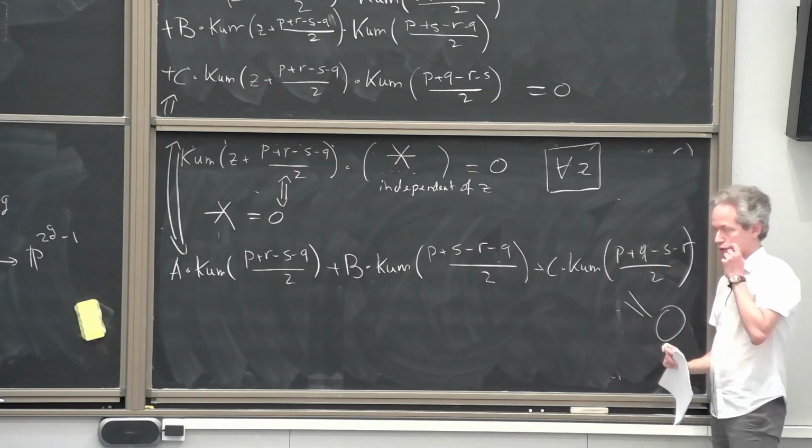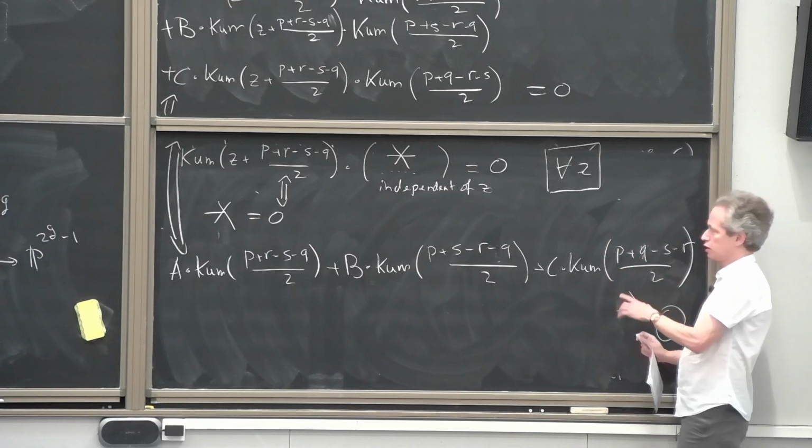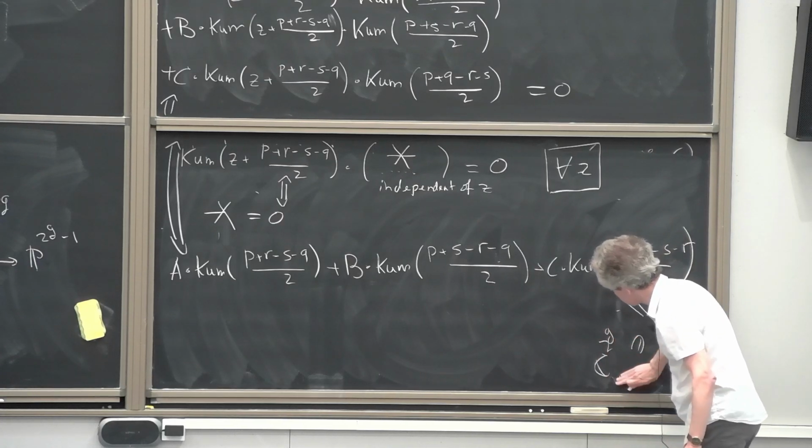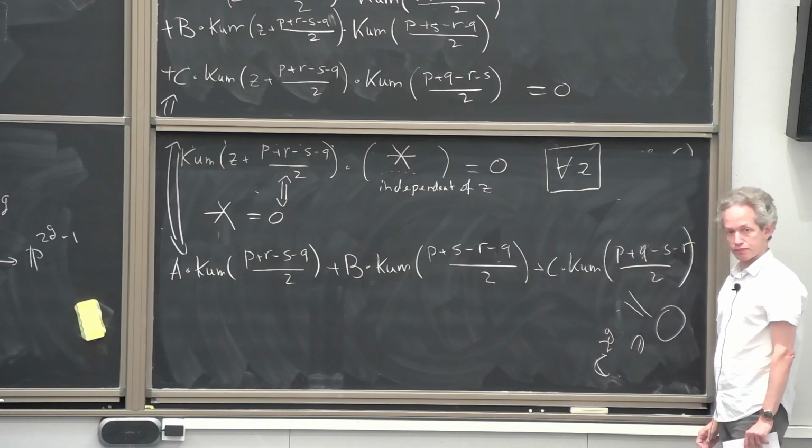Right? What is this? This is an equation in C to the 2G, well, in projective space, which doesn't matter. Okay?